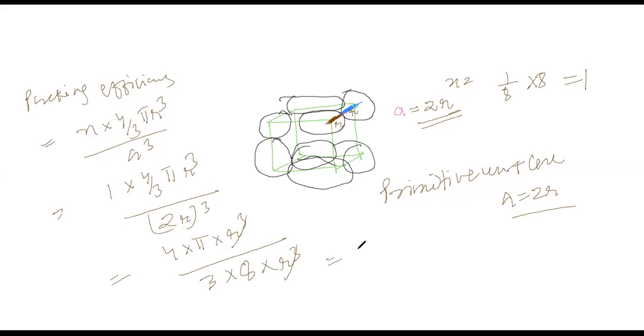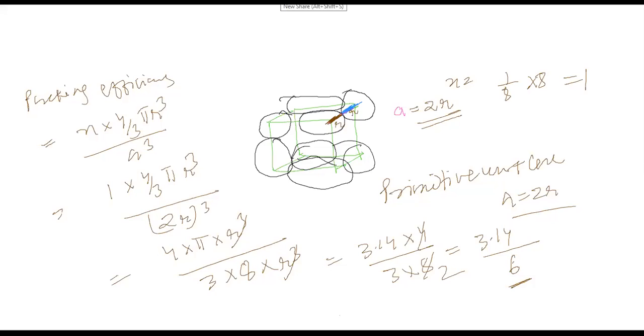So we have 3.14 multiplied by 4 divided by 3 into 8, or you can simplify it as 3.14, 4 2s are 8, divided by 6, my dear students. So when you do this simple calculation, you get a certain answer. Let us see what the final answer is.